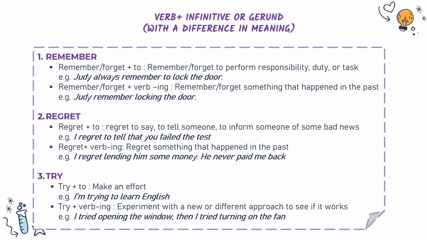In this case, Justin is experimenting with two different things. First is the window and then the fan, to see if it works to make the room a bit cooler. See guys, it's not that complicated though. Try to listen carefully, take some notes if you need to, and I'm sure you'll get it right away.